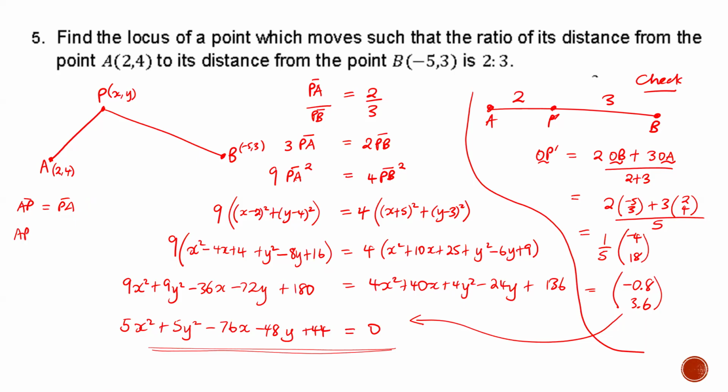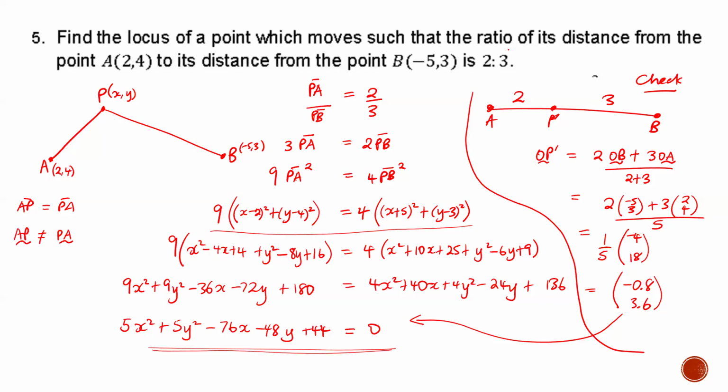However, when you're talking about vectors, it's different, right? AP is not equal to PA because AP means you're going from A to P. PA means you're going from P to A. You realize that in this example, we're actually calculating distance, and even if you switched A and P, you'd still have the same values on this line because we're dealing with distance, not vectors.